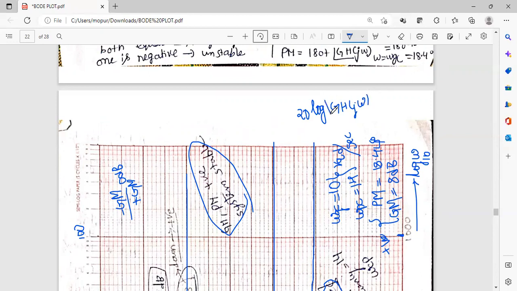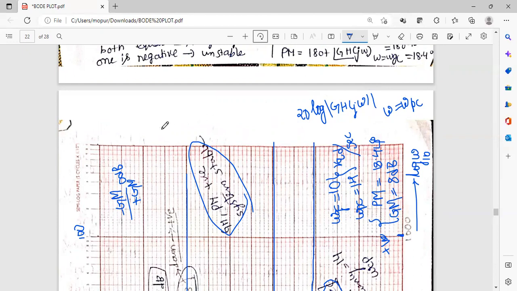For this, you should keep the modulus, that is the magnitude. In this, you substitute omega equals omega PC, that is, at phase crossover frequency. Then you will be getting the same answer that we had got, gain margin 8.